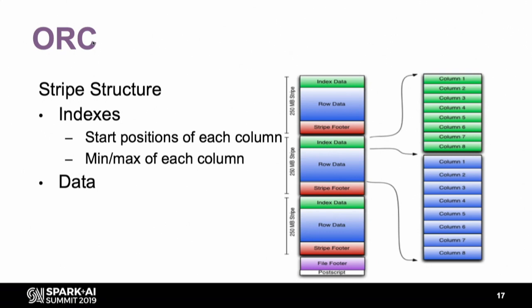One index data includes max and minimal value for each column, and the row position within each column. So similar to Parquet, with such file structure, ORC can support stripe skipping as well.